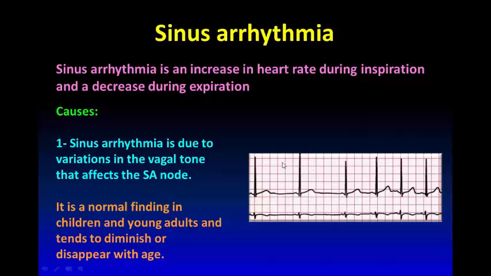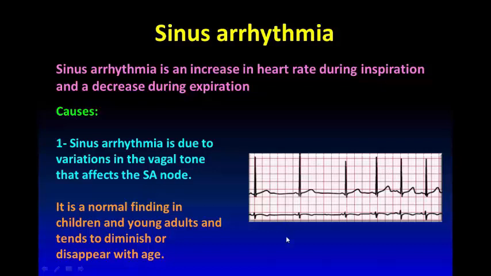Here we have 1, 2, 3, 4, 5, 6, 7, and this gives a heart rate of about 42 during expiration, and during inspiration the heart rate might reach up to 100 beats per minute.